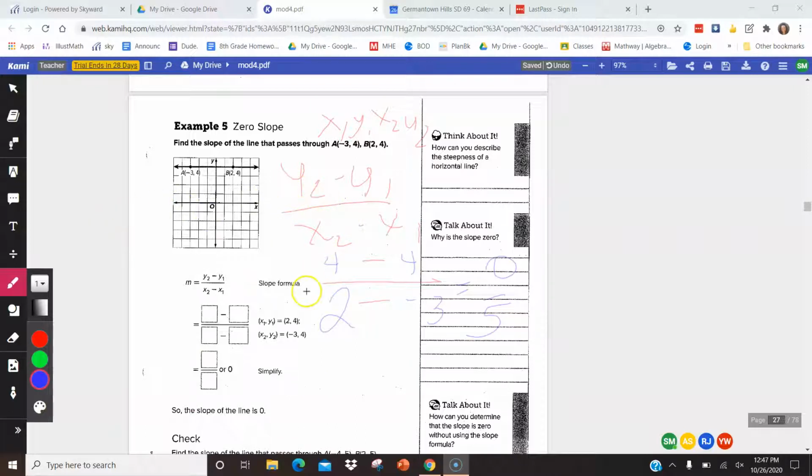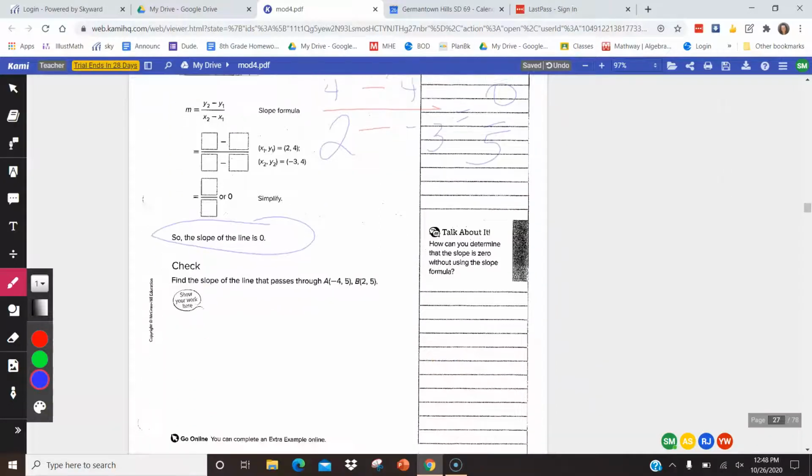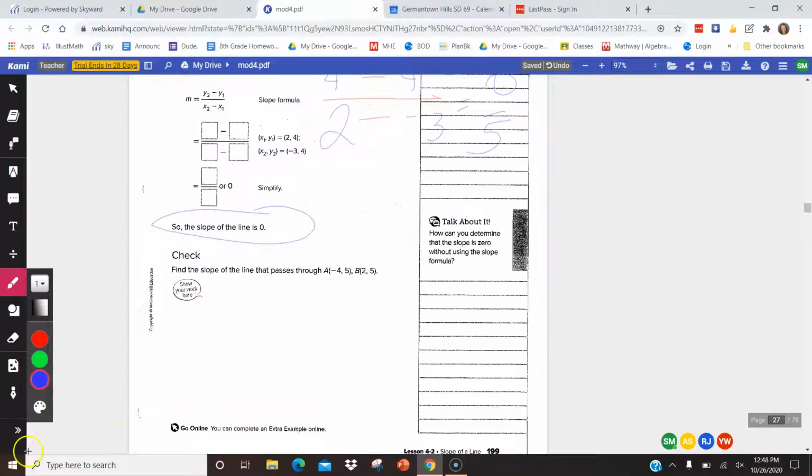I'm not a big fan of the boxes, so I just wrote off to the side. Show your formula, y sub 2 minus y sub 1 divided by x sub 2 minus x sub 1. Show your substitutions, and you'll get 0 divided by 5, which will end up being 0. So the slope of that line is 0. Go ahead and do the check right now on your own, and we'll check that tomorrow in class.